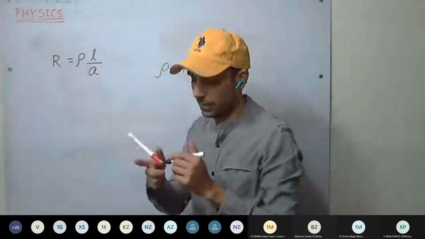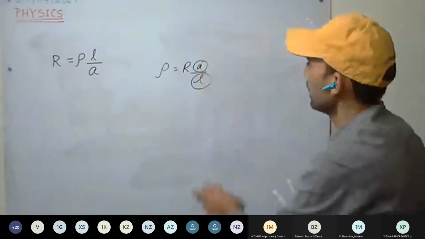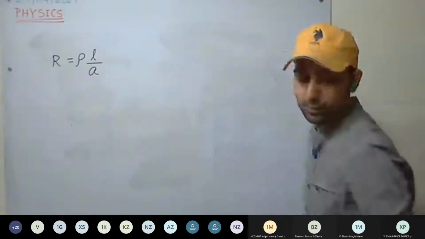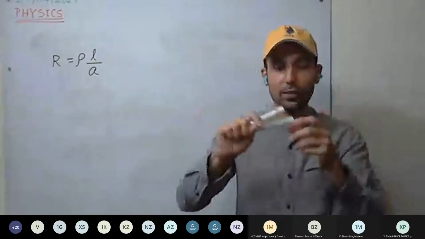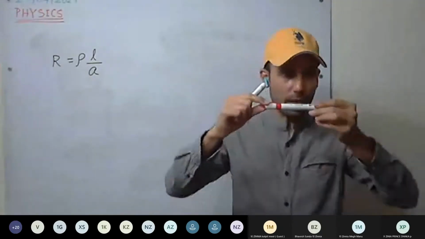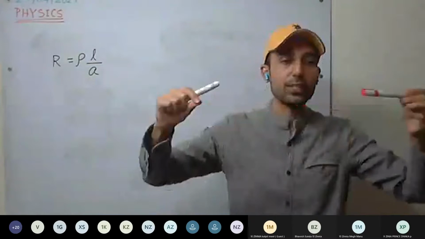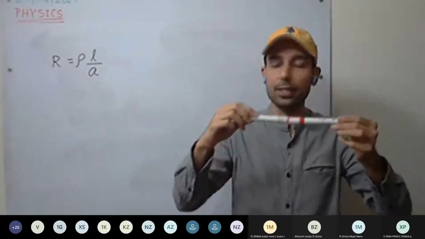Okay, this is our resistance. Now, if we have a wire, for example, this is a wire, and I have stretched this wire, that means I have doubled the length.